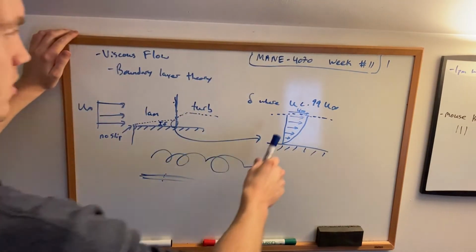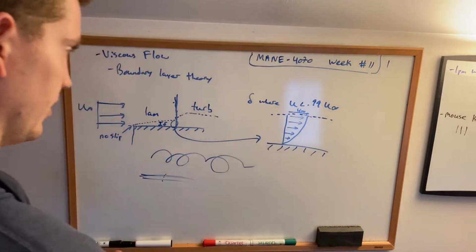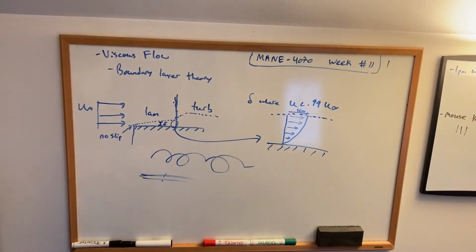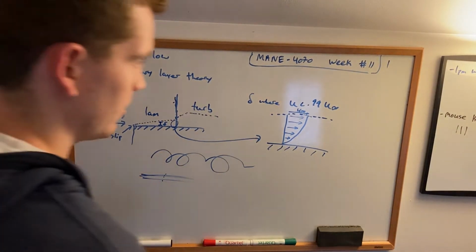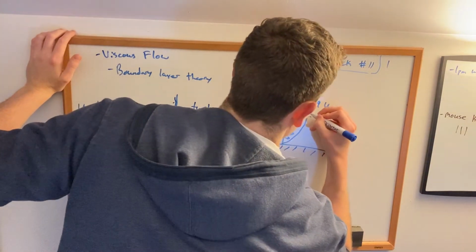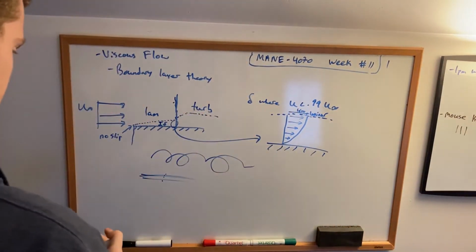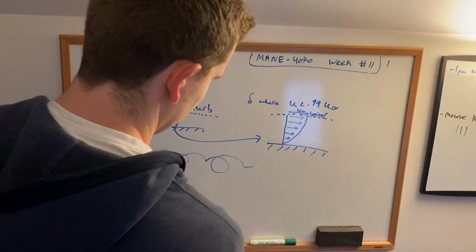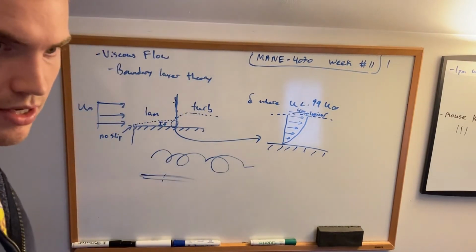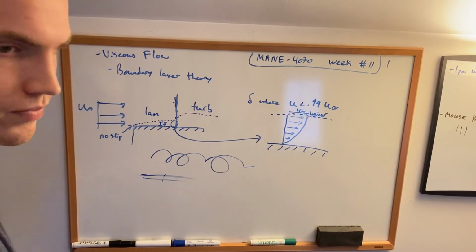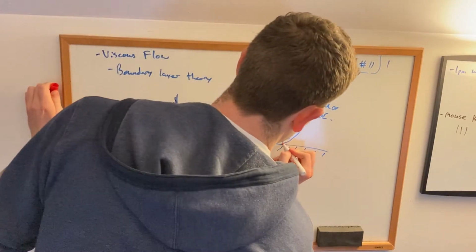You'll see this diagram all over the place, so it's a good idea to have it in your head. And let me call this a laminar line, and then turbulence changes things just slightly. It tends to be a little bit more aggressive.